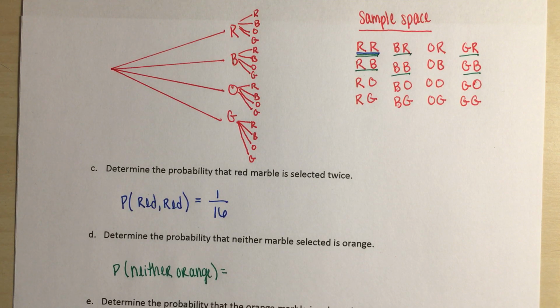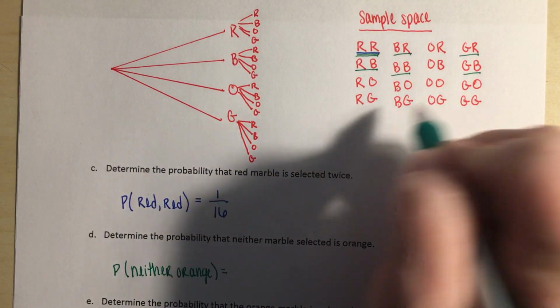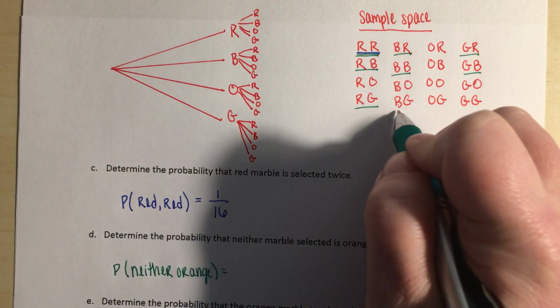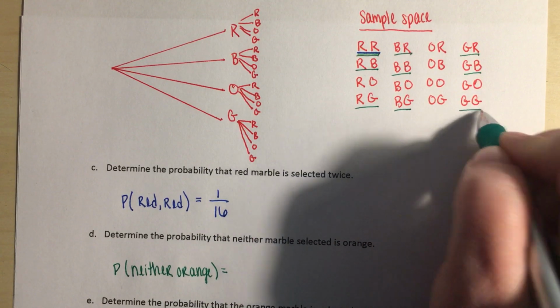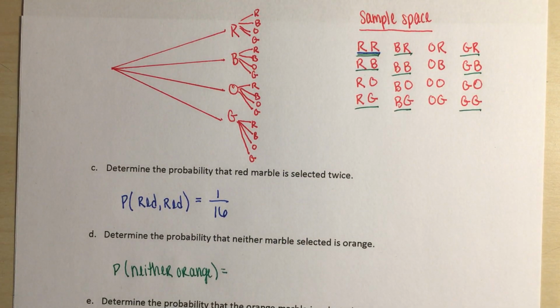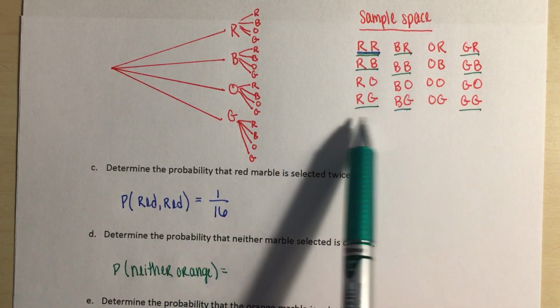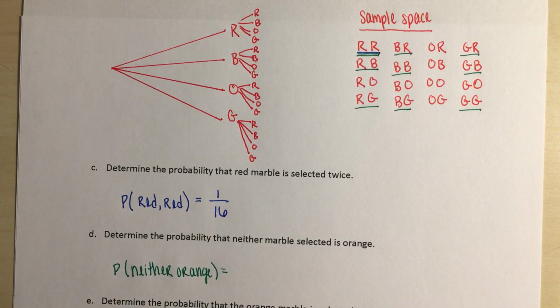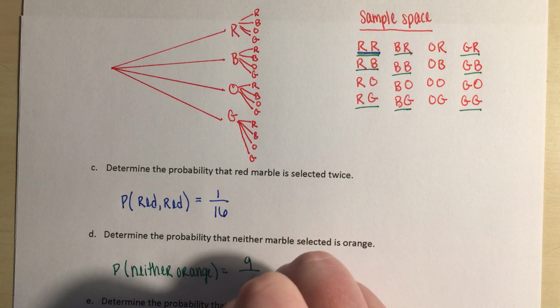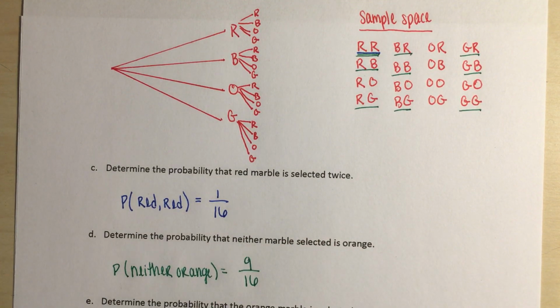And then we also have, the whole row has oranges, so red then green, blue then green, and green then green. So what we see, if we count the total of the ones that don't have an O in there for orange: 1, 2, 3, 4, 5, 6, 7, 8, 9. So the probability of getting neither orange is going to be 9 out of 16.